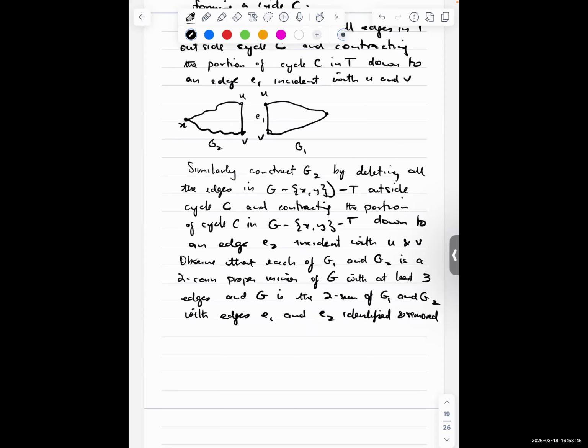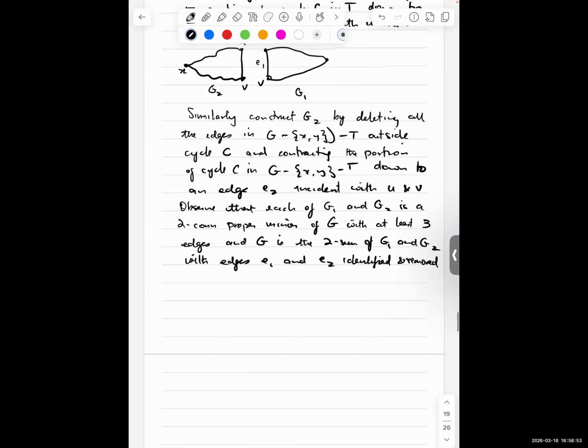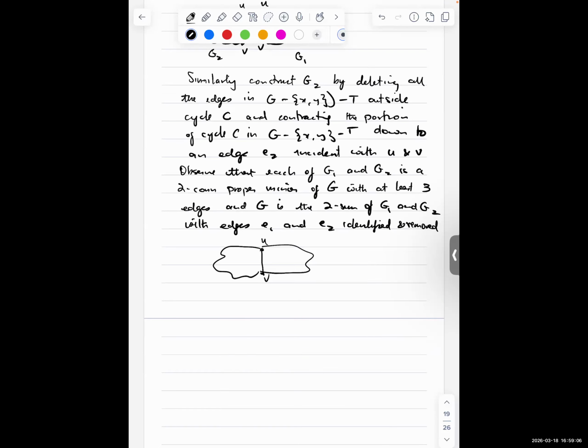The only detail left, and then maybe I can just finish up with a picture, is suppose the original graph actually did have that edge UV, right? In that case, your two pieces, G1 and G2, are this.